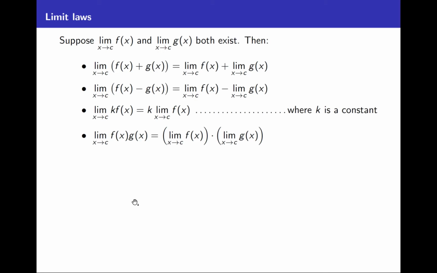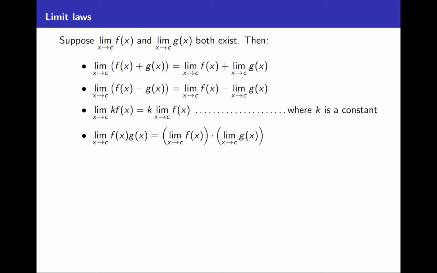We also have a rule about the product of f and g. This should be very intuitive and believable. The limit as x approaches c of f of x times g of x, the limit of this complicated function, which is the product of f and g, is equal to what f of x times g of x is getting closer and closer to as x approaches c.